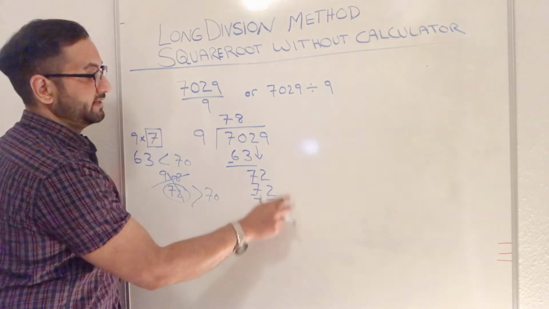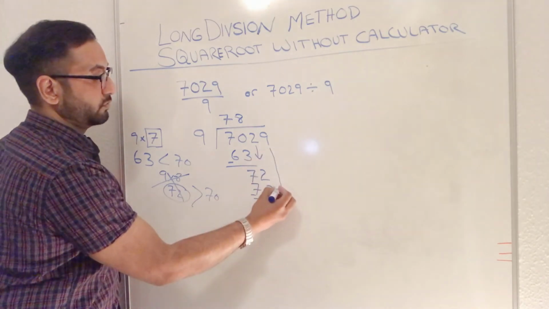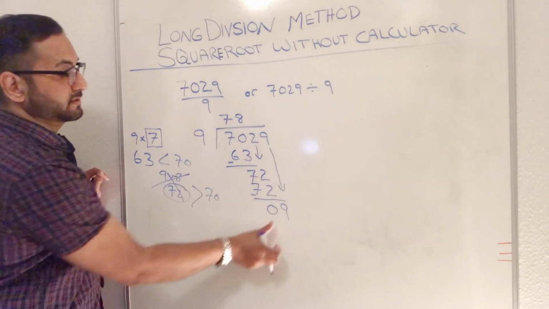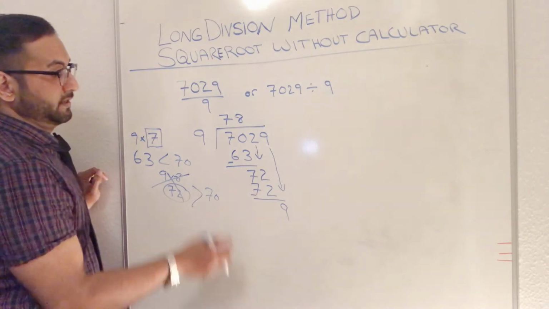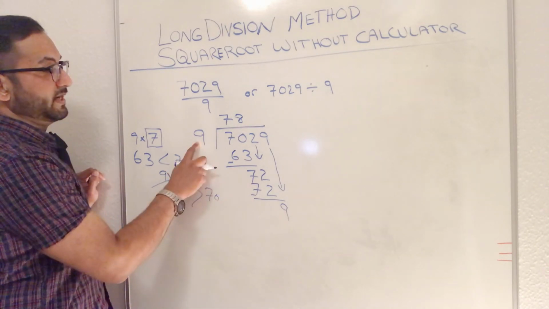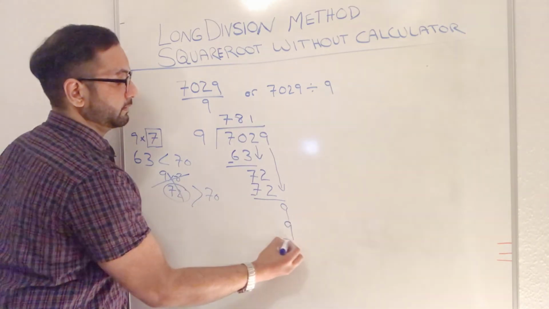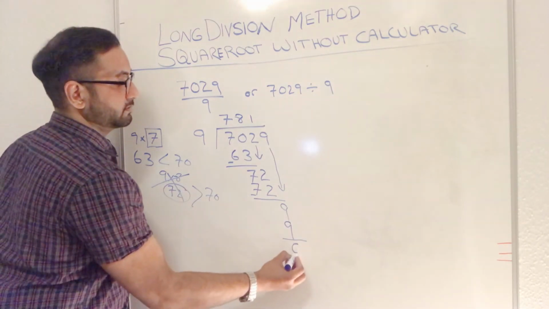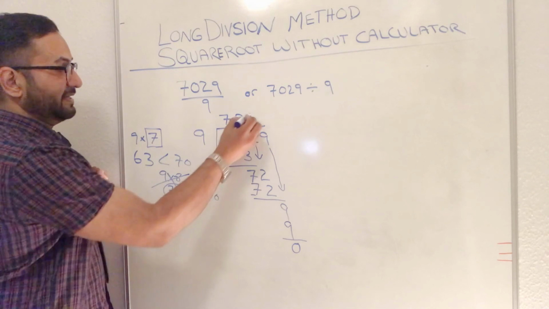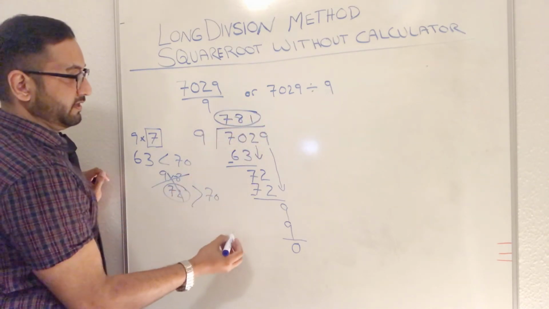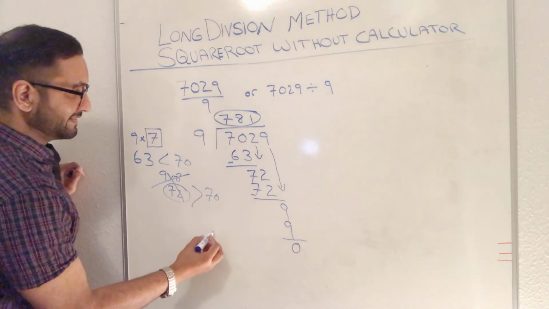But we have another number, which is 9. We bring it down here. How many 9s go into 9? Only 1. So 9 times 1 is 9, and 0 remainder. So our answer is 781.